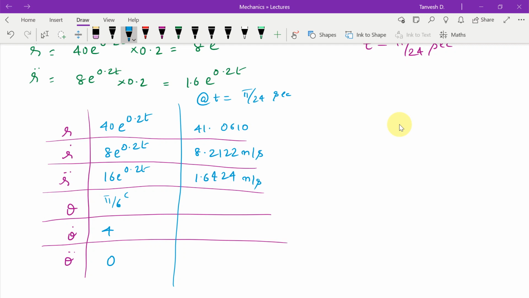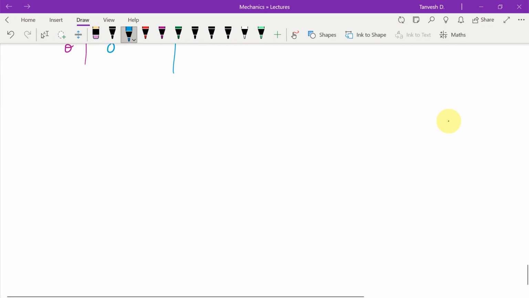Now this is your VR, and we can find the quantities of VR and V theta directly now. VR is nothing but 8.2122 meters per second.